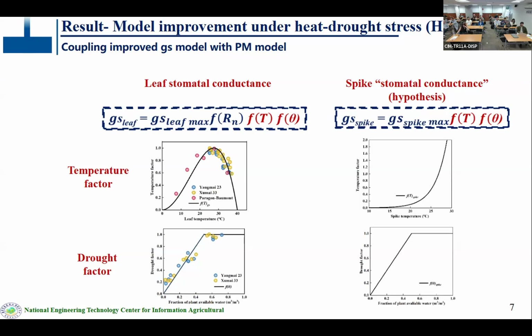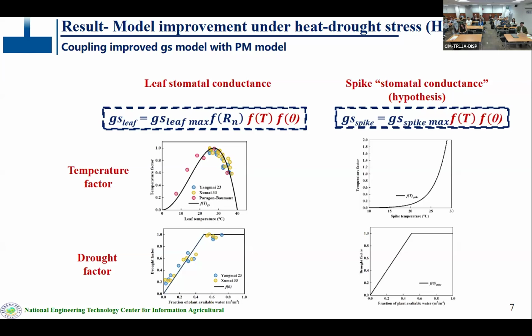That is okay under normal conditions. But we found that under drought treatment or for nighttime transpiration, the spike plays an important role in crop transpiration. We didn't measure the exact data of spike transpiration, but we extracted the spike temperature and the leaf temperature from the infrared photo.